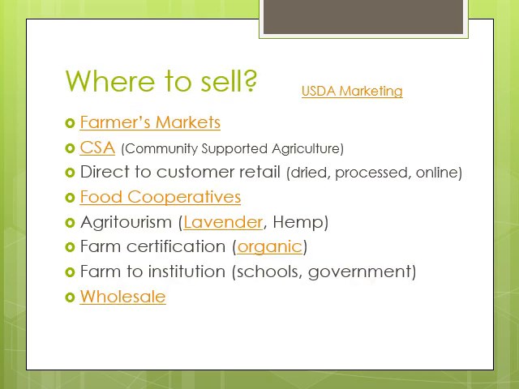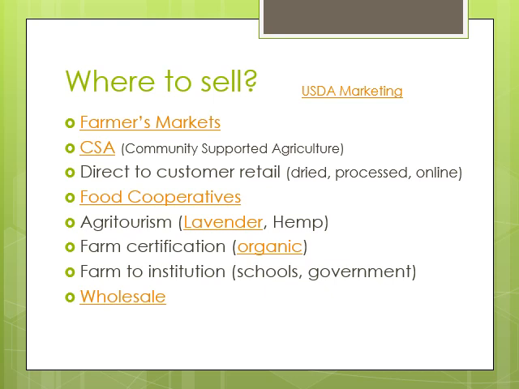We talked about places to sell, like farmers market or CSA, where people deliver a basket full of produce. Direct to consumer retail, so dried or processed goods that are sold online. Maybe food cooperatives where different farmers aggregate their produce or their flowers together and then sell through the co-op. Then there's even tourism, like lavender or hemp farms where people would drive from the city out into the country to look at your farm.